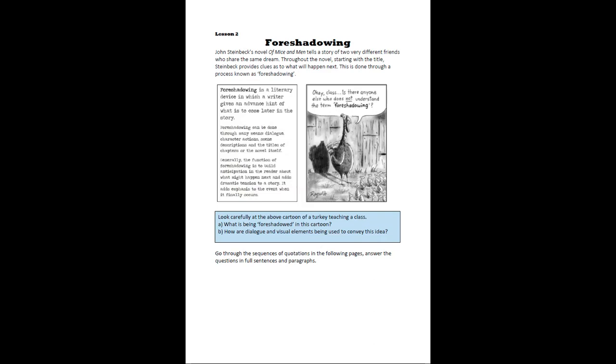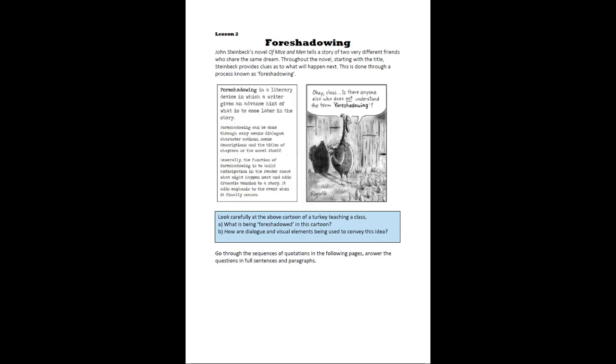Very sad ending, but also some might argue that it's actually the only way that it could have ended, and that Steinbeck was showing us throughout the whole novel that it would always end badly, and he did that through foreshadowing. Okay, and foreshadowing is going to be the focus of today's lesson.